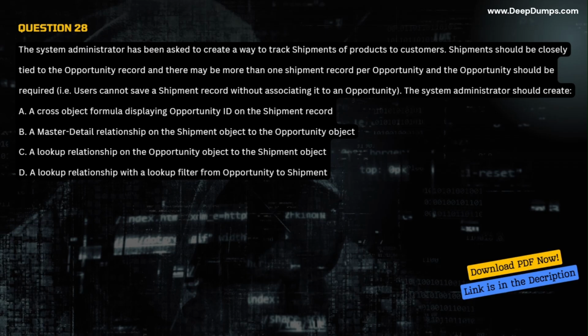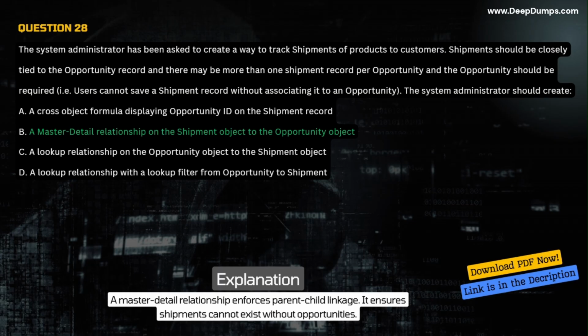C. A lookup relationship on the opportunity object to the shipment object. D. A lookup relationship with a lookup filter from opportunity to shipment. Correct answer B. Explanation. A master detail relationship enforces parent-child linkage. It ensures shipments cannot exist without opportunities.